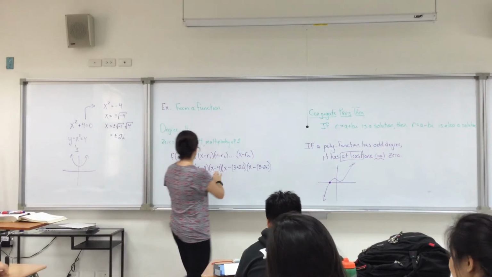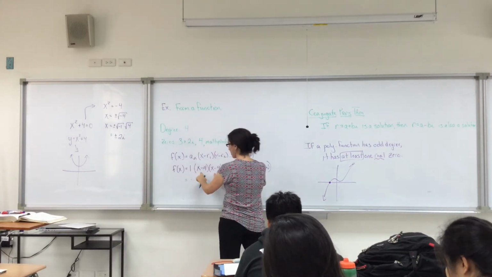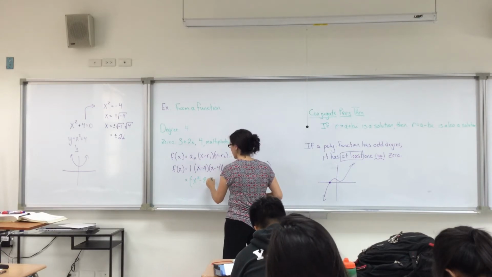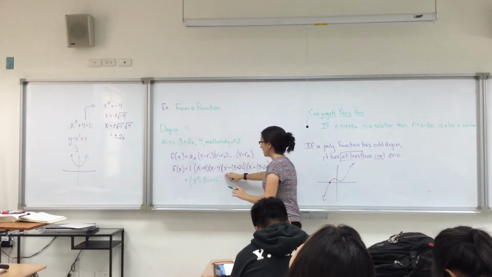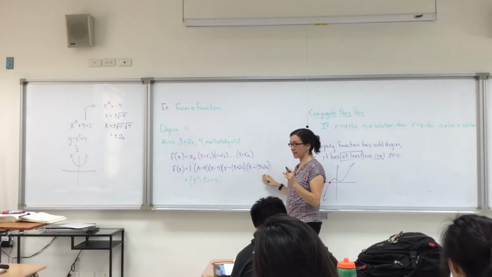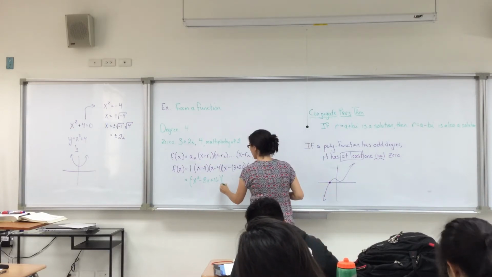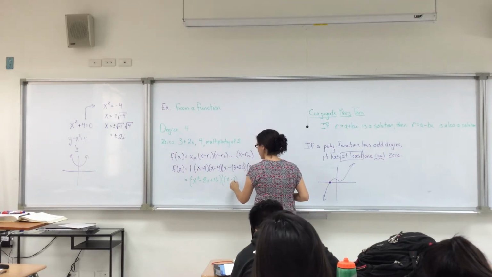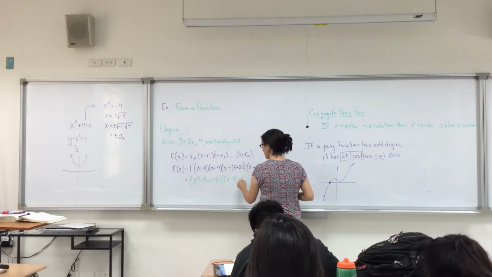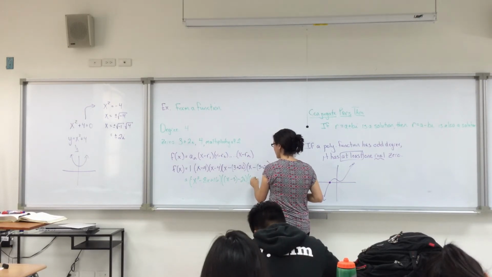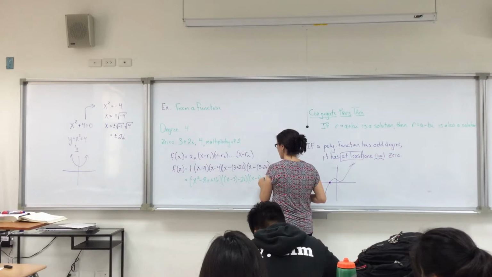Alright, so we can write this out equals. I'm going to multiply this one out. That would be x squared minus 8x plus 16, right? Now, the book in their solutions rewrites this like this. They write x minus 3 minus 2i times x minus 3 plus 2i.